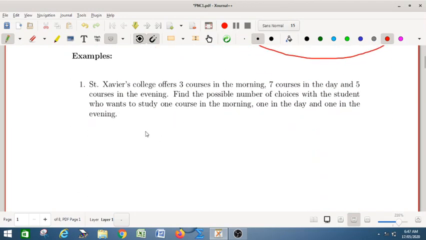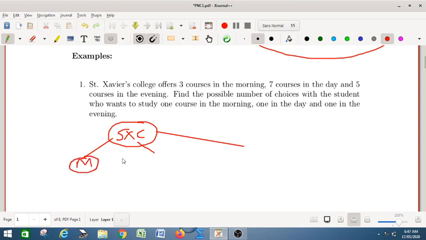Suppose for example, St. Xavier's College offers three courses in the morning. Suppose in the college you have courses commerce, arts, science.